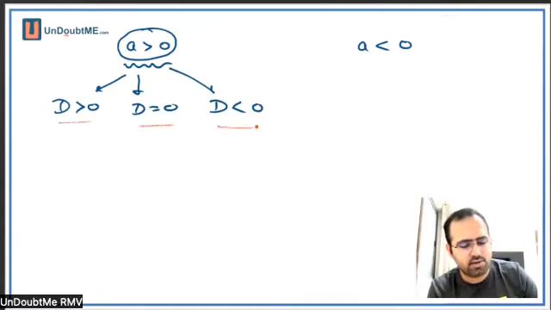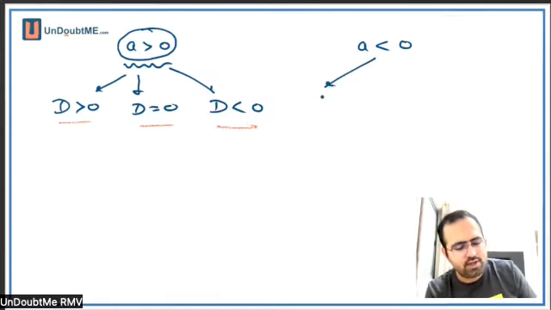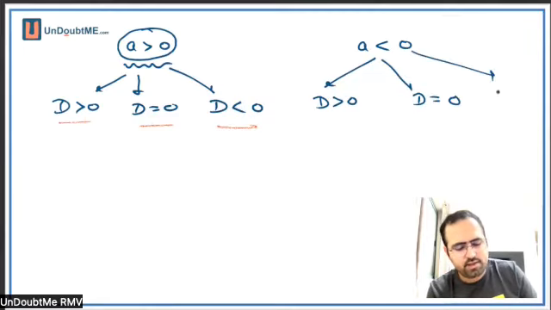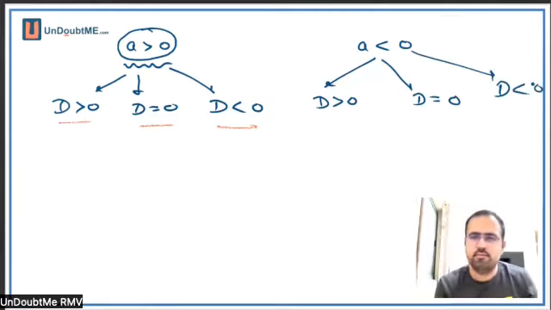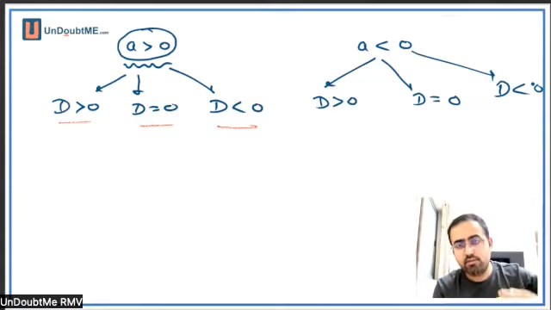It is fairly possible. The same thing can happen with the negative case. So it will have d positive, d equal to 0, and d less than 0. Is this thing clear? So graphically, there can be 6 types of quadratic equations which we can get.